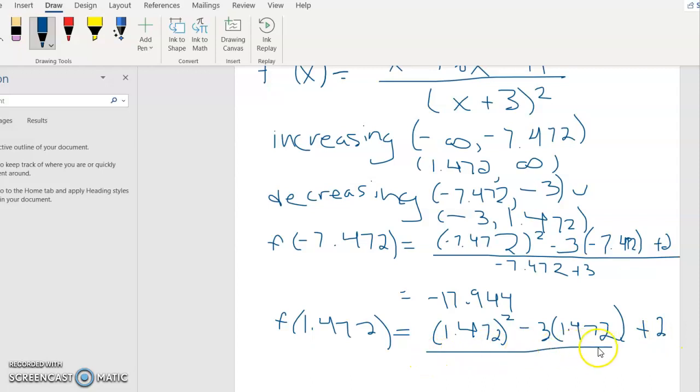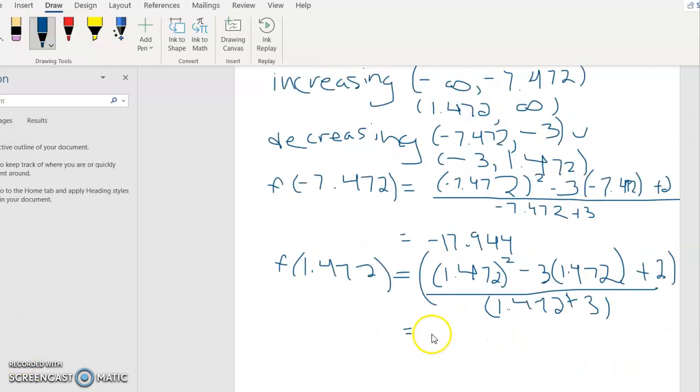And then, of course, let our calculator do the work to find out what that minimum is. Be careful when putting these in the calculator. You have to put all of the top in parentheses and all of the bottom in parentheses to get the correct answer. And this gives negative 0.056 if I round to 3 decimal places.